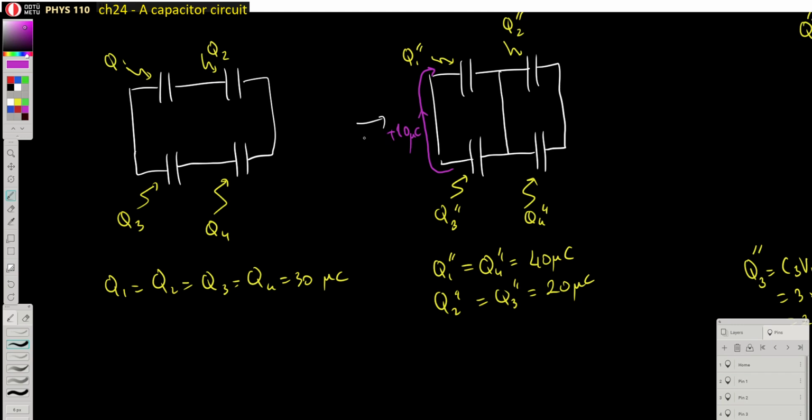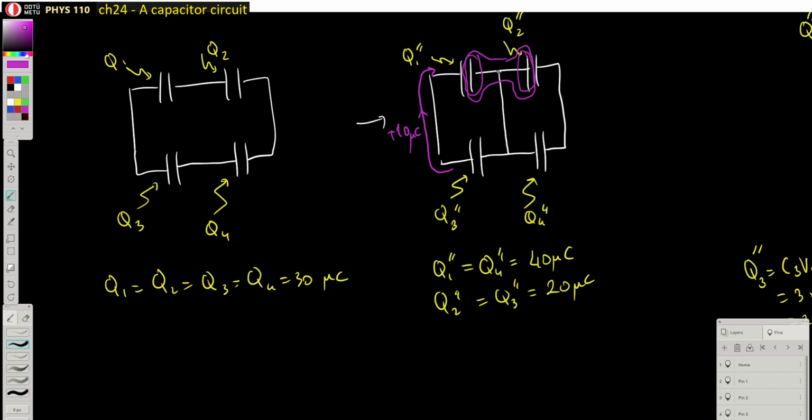All right. What about this part in here? Just consider the amount of the charge in here. Initially that charge was equal to 0, because we had minus 30 microcoulombs on this plate and plus 30 in here. So initially the total charge was equal to 0. After the connection, the total charge in here was minus 40 in here, plus 20 in here.